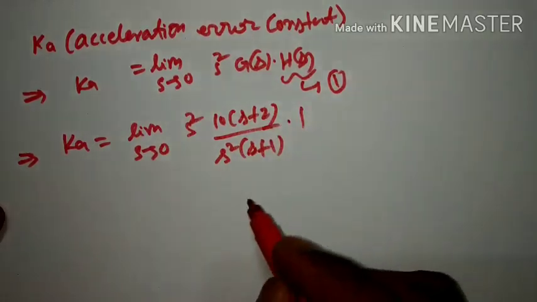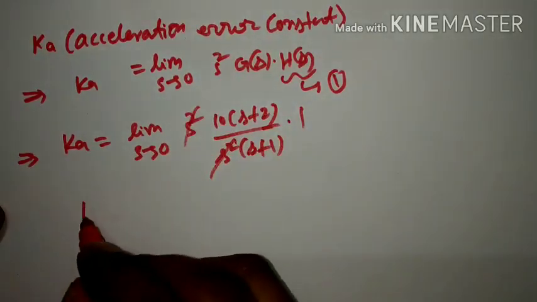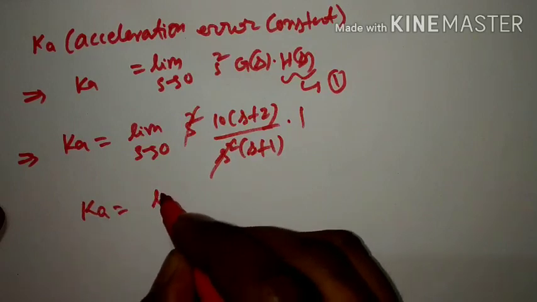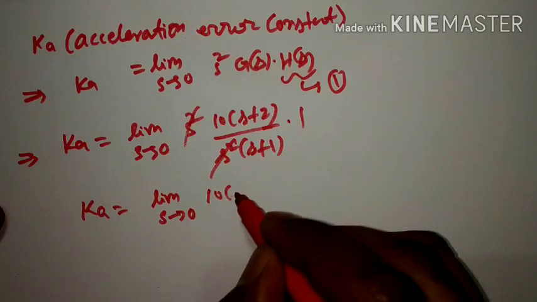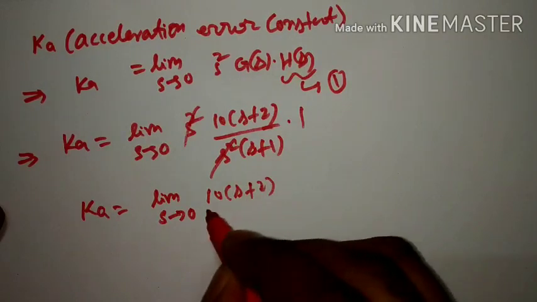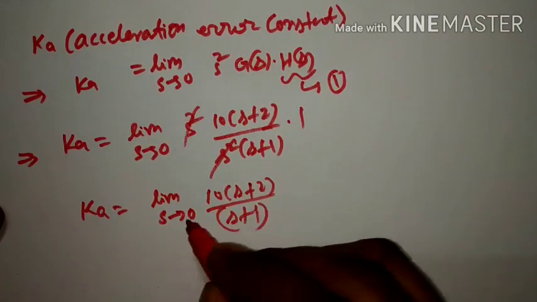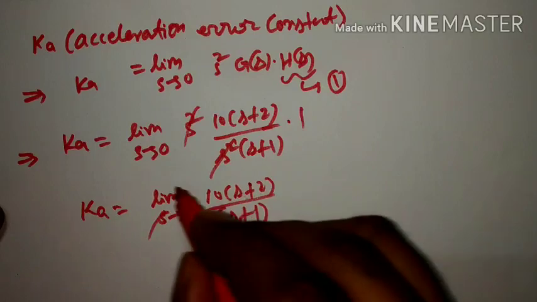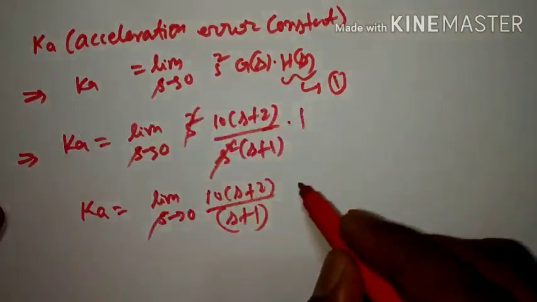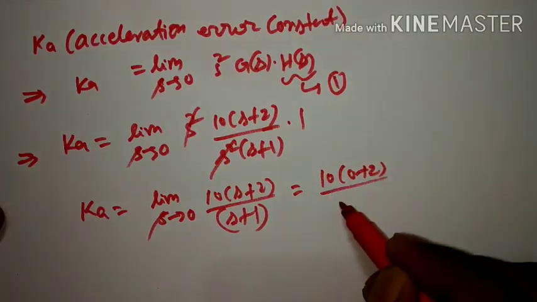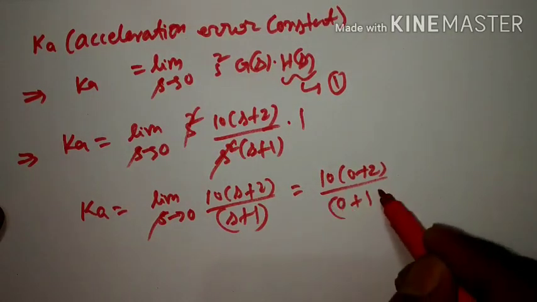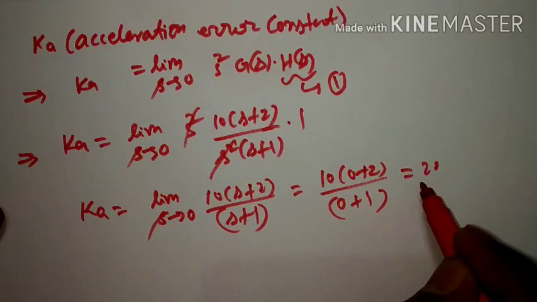Since h of s is 1, s square gets cancelled. So Ka is equal to limit s tends to 0 of 10 into (s plus 2) by (s plus 1). When you substitute s tends to 0, you get 10 into (0 plus 2) by (0 plus 1), that is 20 by 1.